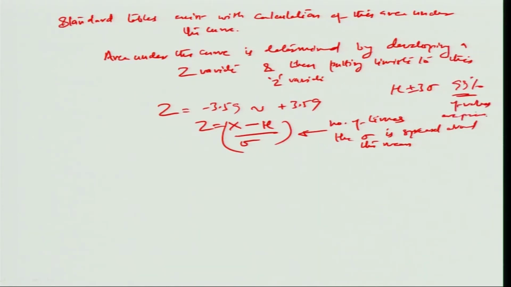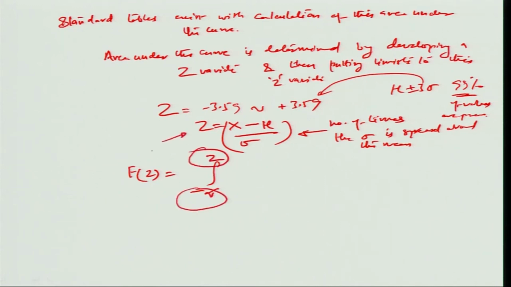In fact, if you just extend this from 3 to 3.59, they will cover almost 100% of the values. So, F(z) therefore is nothing but the area under the curve between minus infinity to this value z, 1 by root of 2 pi e to the power of minus x square by 2 dx, which was earlier the value for the probability distribution function of normal distribution.